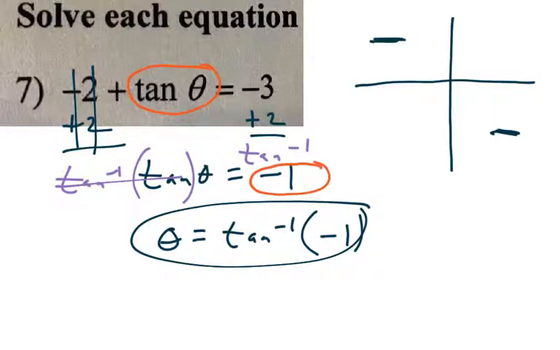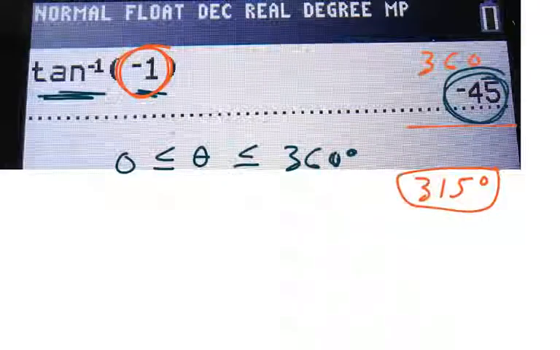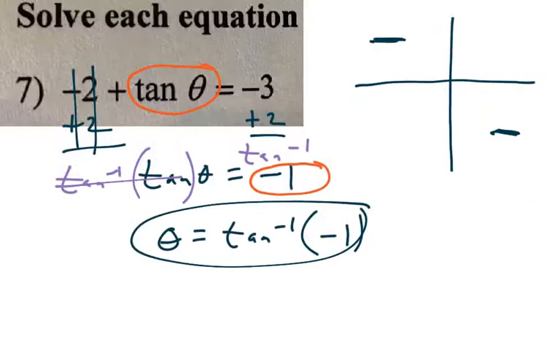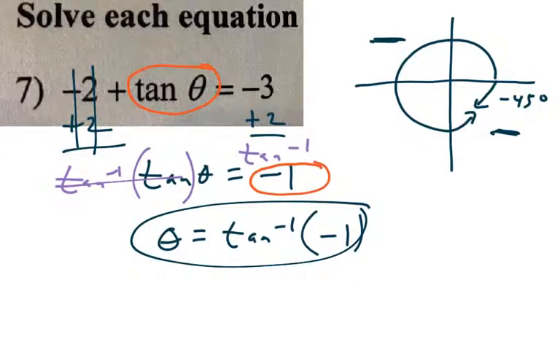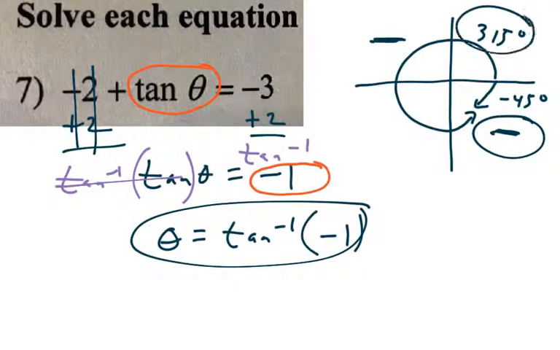Now, we already have 315 covered. 315 is the same thing as negative 45 this way. We just went around the positive way, counterclockwise, 315 degrees, okay? So we have the fourth quadrant covered with 315, which again is equivalent to negative 45.